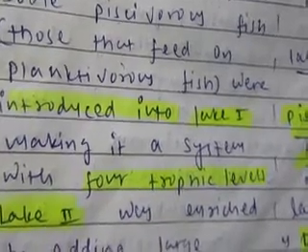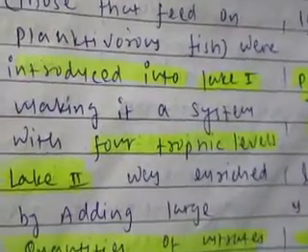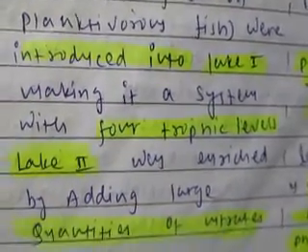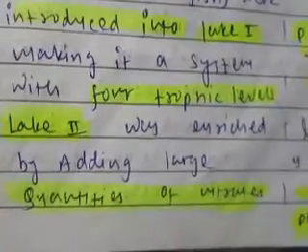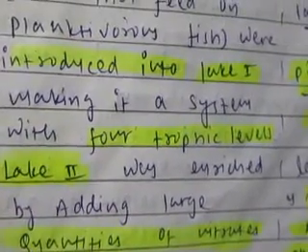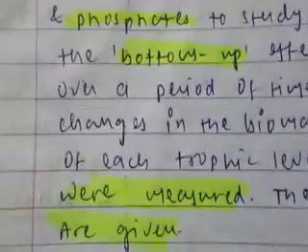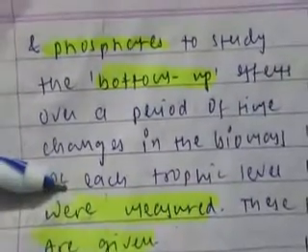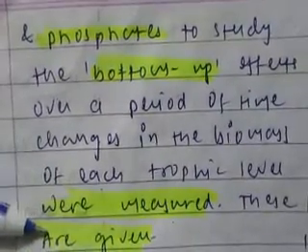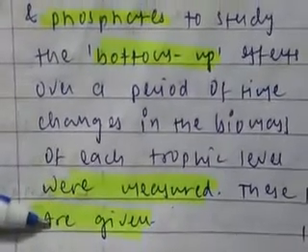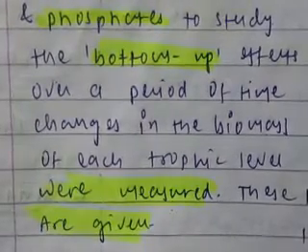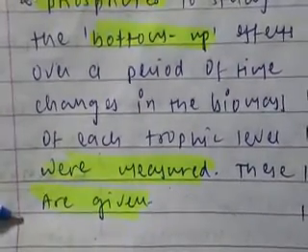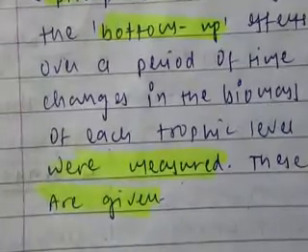Listen carefully. The second leg was enriched by adding a large quantity of nitrates and phosphorus, so as to study the bottom-up effect over a period of time. So changes in the biomass of each trophic level are measured, and this is given in the options.